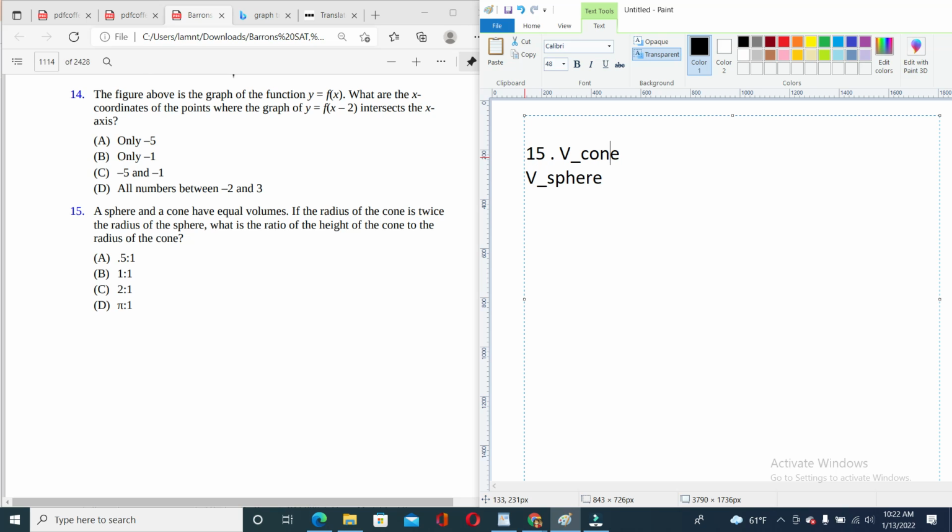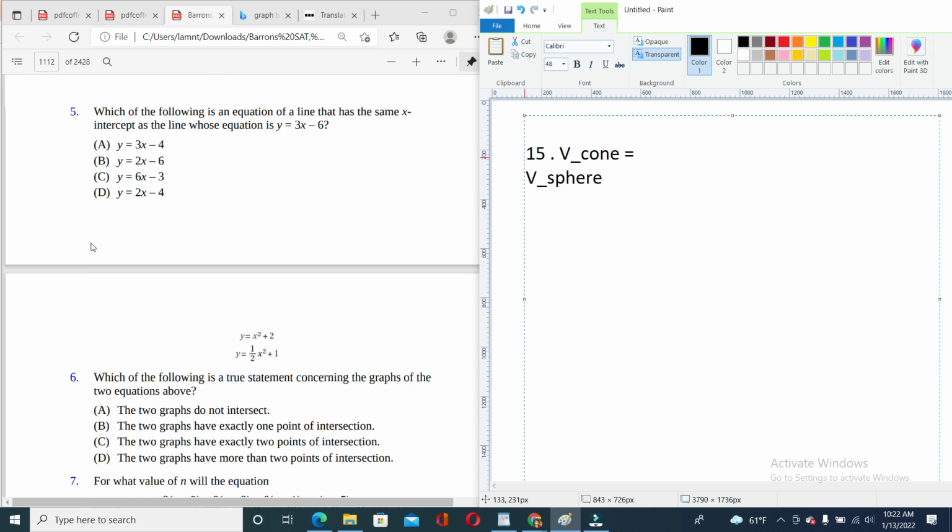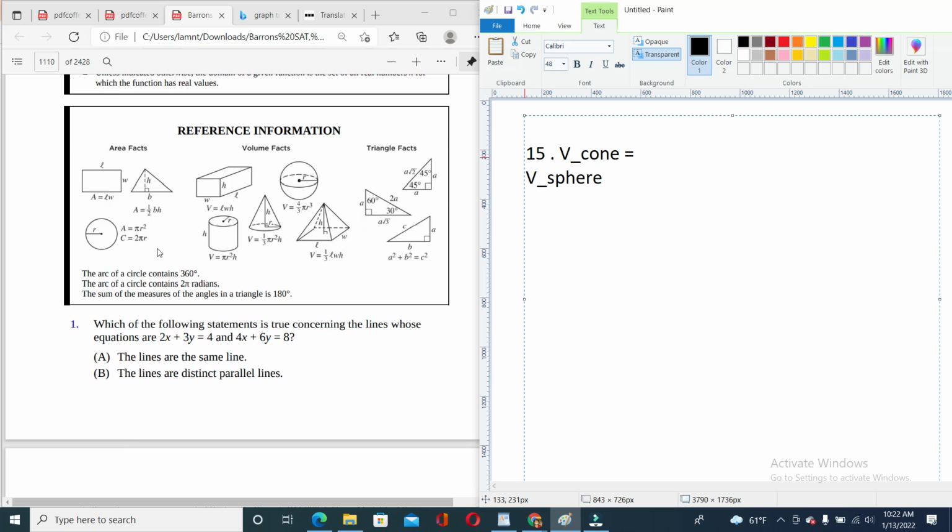Alright, so V of cone is going to be equal to, okay, you can look up at the table that we are given up here. So it's 1/3 of pi times the radius, which is small r squared, times h.